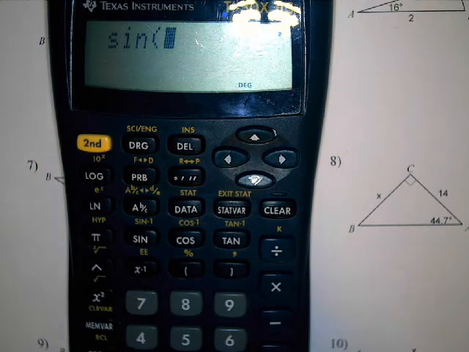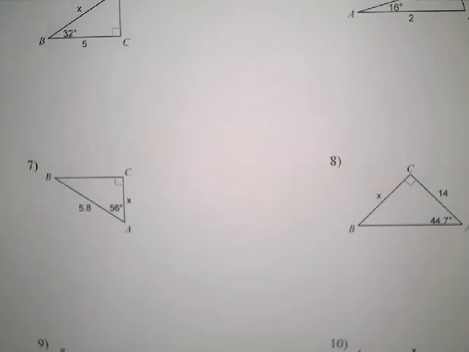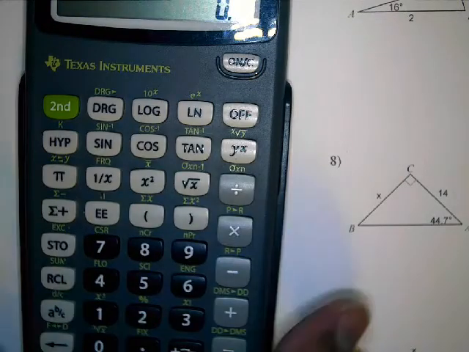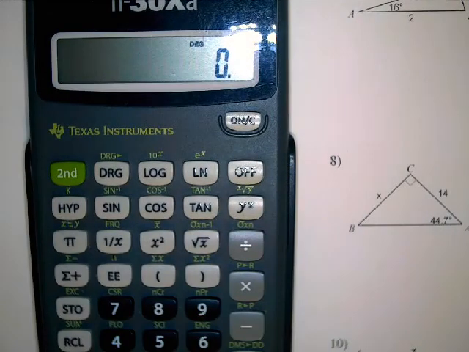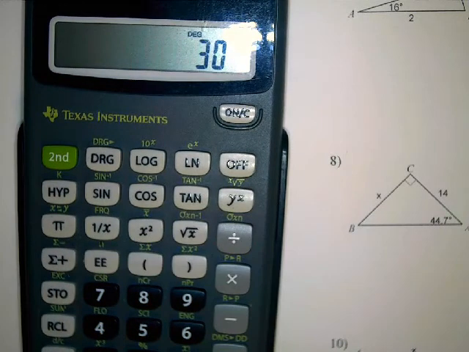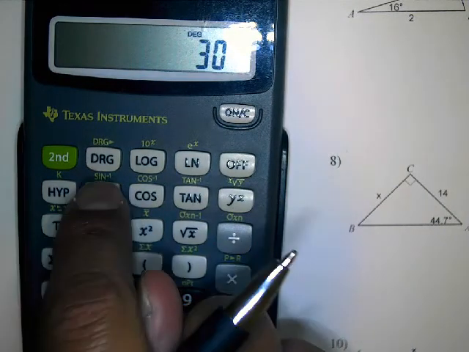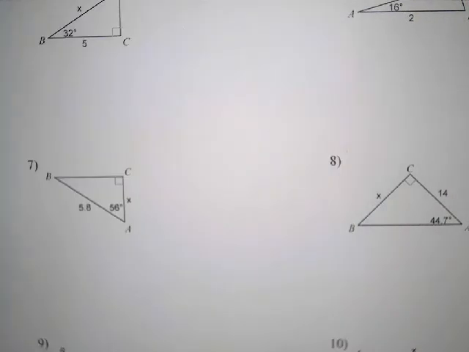So if you have the calculator where you put sine first, then you hit the angle, then you hit enter, right? This calculator doesn't work like that. This one, I don't put sine first. See, I hit sine and nothing happens. This one, you actually have to put the angle first, 30, and then hit sine.